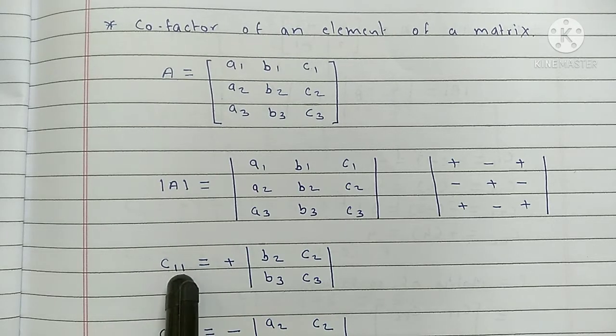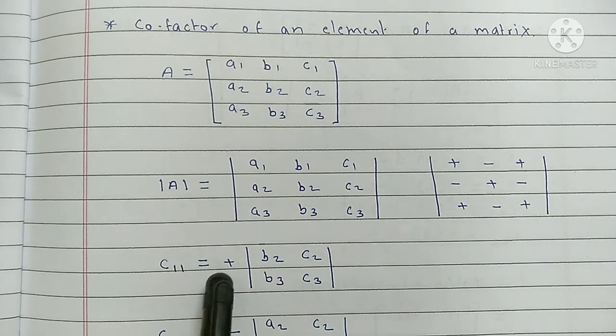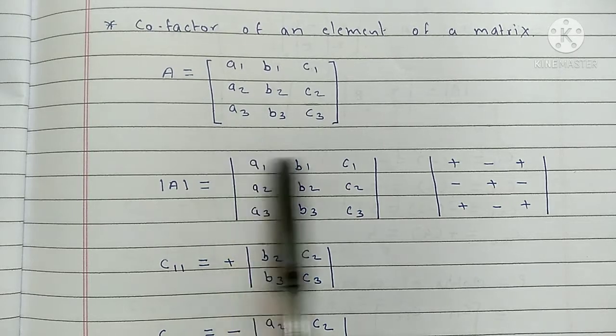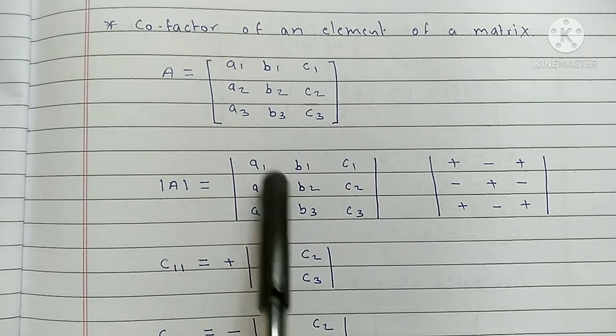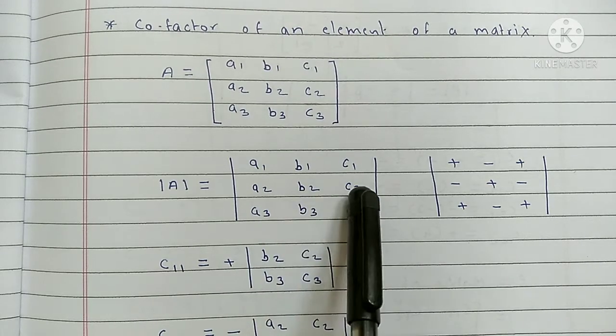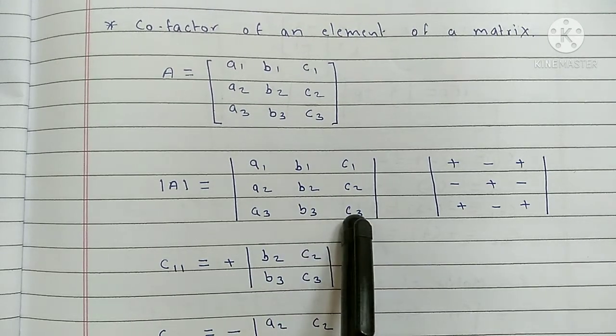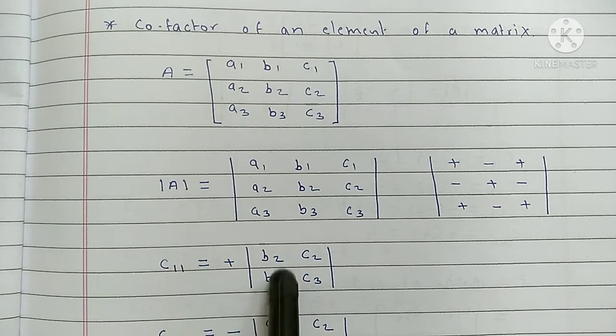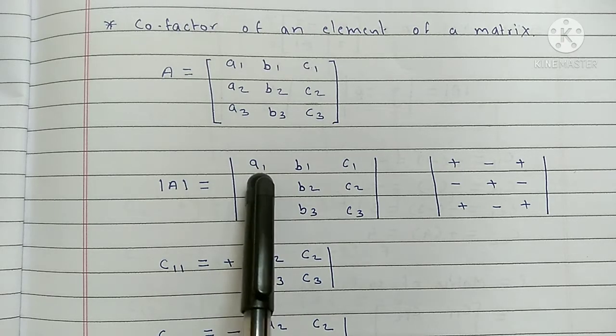Corresponding sign plus. A1 is in first row and first column, so delete first row and first column. So it will be B2, C2, B3, C3. So determinant of B2, C2, B3, C3. So this is cofactor of A1.